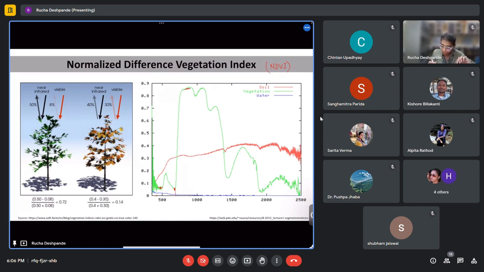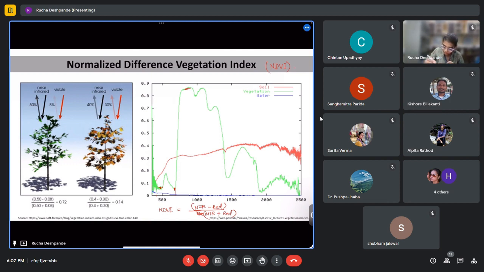So NDVI is calculated as NIR minus red divided by NIR plus red. The characteristic feature of vegetation is that it reflects very high in the NIR region and it absorbs in the red region.